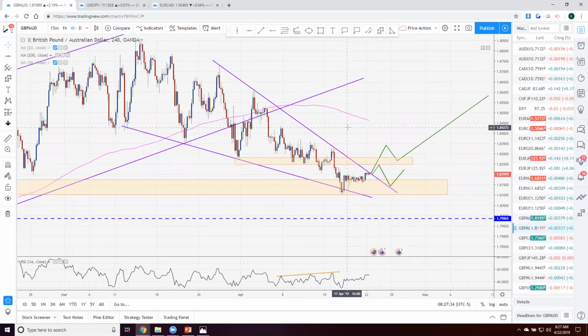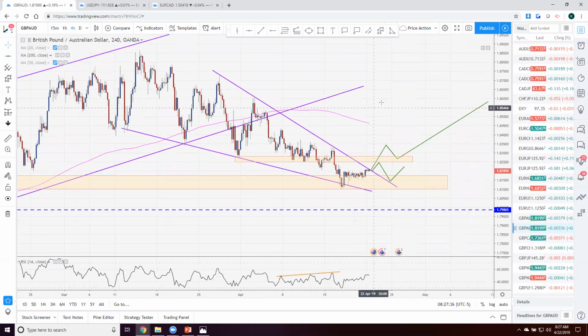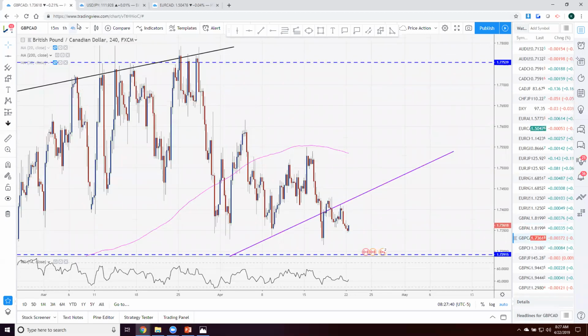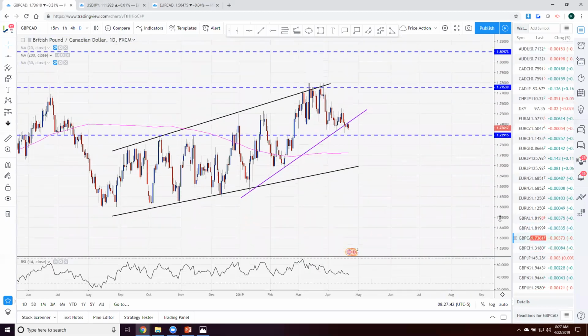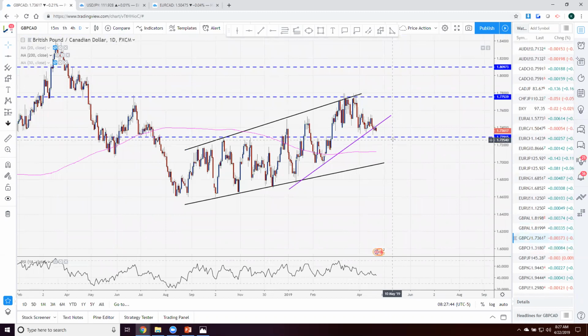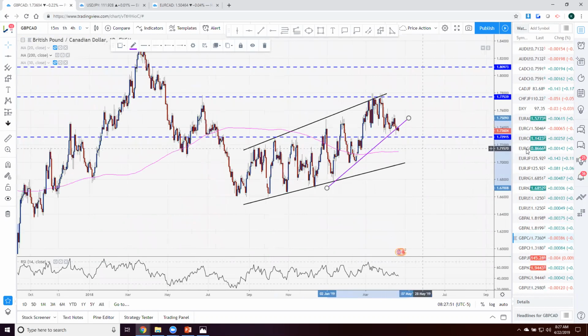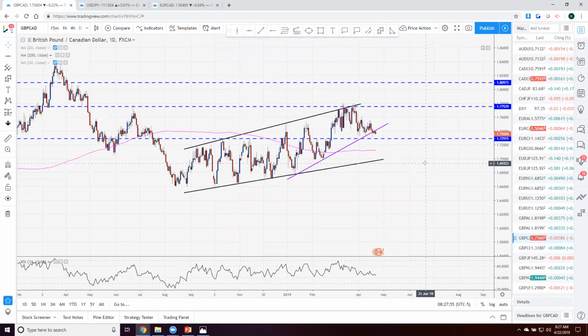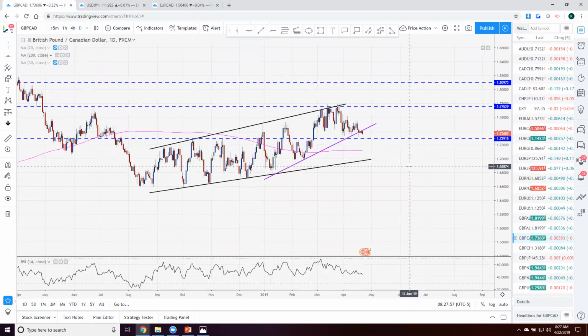So pound Aussie looking like it's turning bullish soon. Keeping an eye on that. Pound CAD. Same situation, another situation of some choppiness, uncertainty.